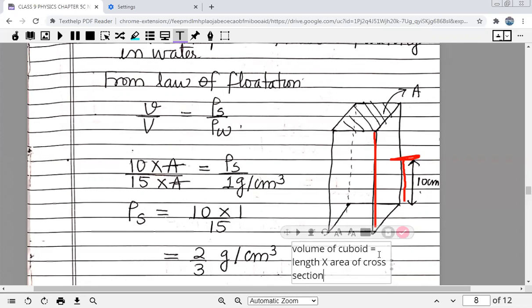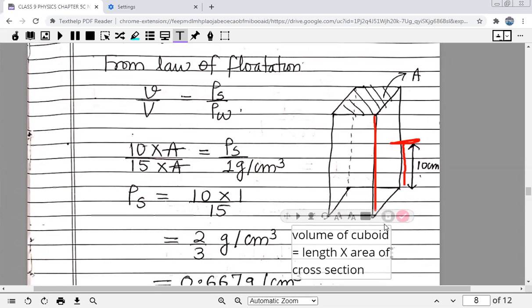And cross section means that surface which is perpendicular to the length.